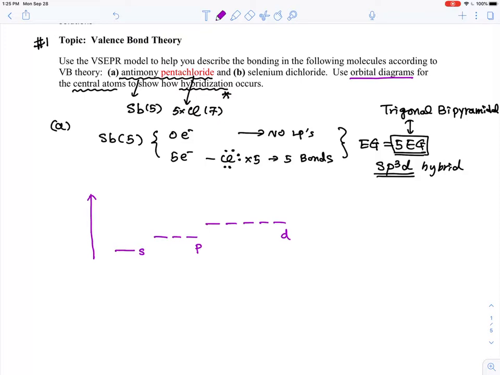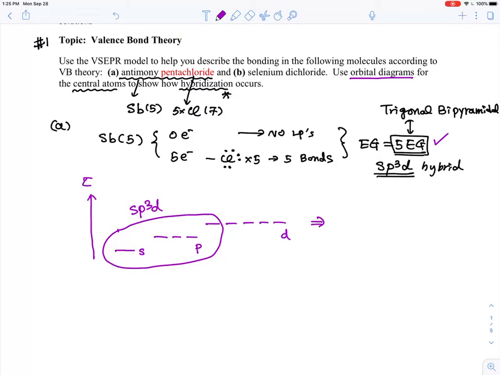And the hybridization for 5 EG means you are going to have 5 orbitals. So this is so far like this, and that makes sp3d hybridization.